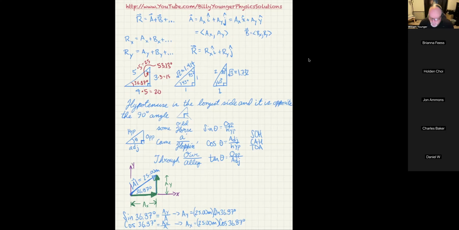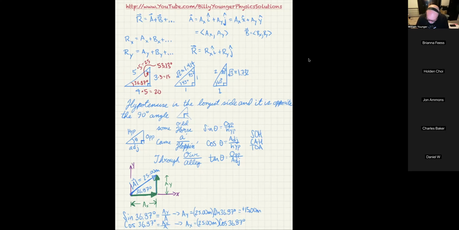Okay. And then I'd multiply that, of course, by the 25. But I'm not even going to do that, because what I realized is all I had to do to make the 5 into 25 was multiply by 5. So the y component is, in fact, the opposite. And if I look at this triangle up here, the opposite is 15. So I'm just going to write this as positive 15. Now, I had to force that sign strictly because the arrow told me it pointed in the positive y direction.